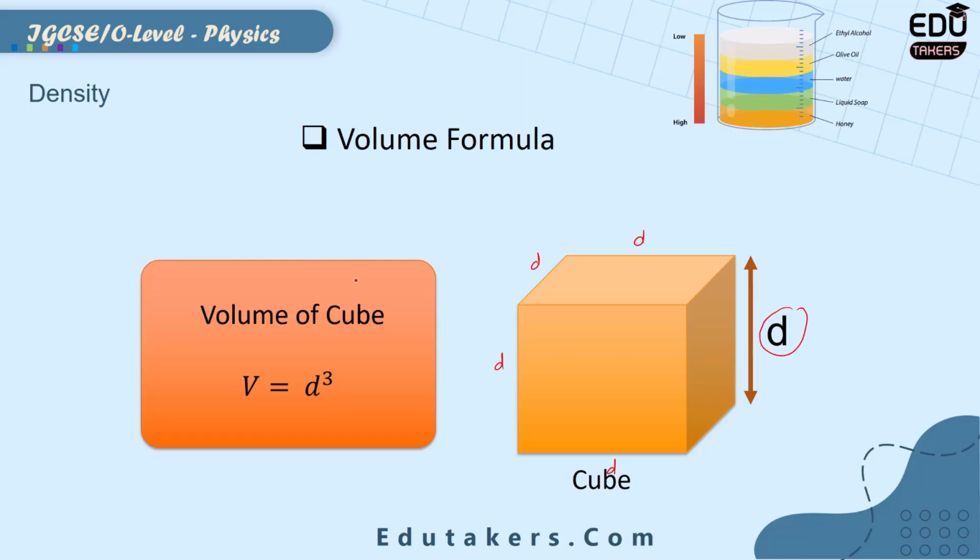So I can simply say that when you have to find out the volume of the cube, you just need to multiply the side length 3 times. D multiplied by d, multiplied with d to get d cube. So just multiply side length 3 times to find out the volume of the cube. So the volume of the cube is equal to d cube, where d is the side length of the cube.